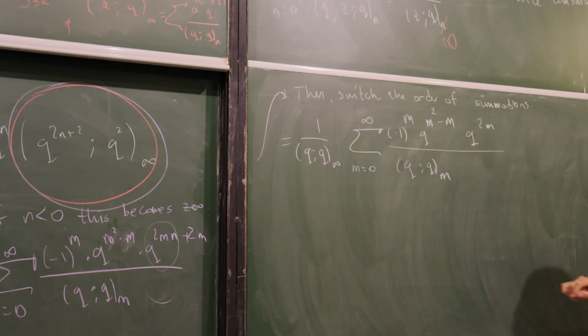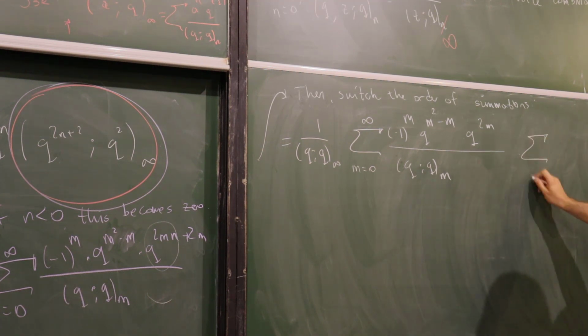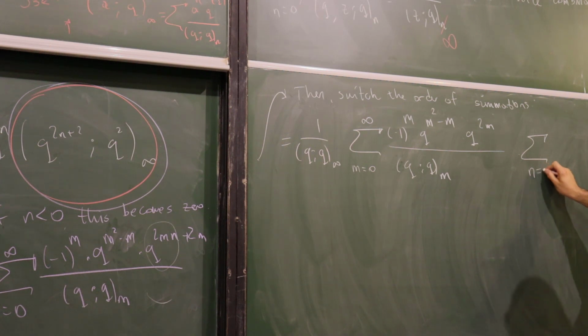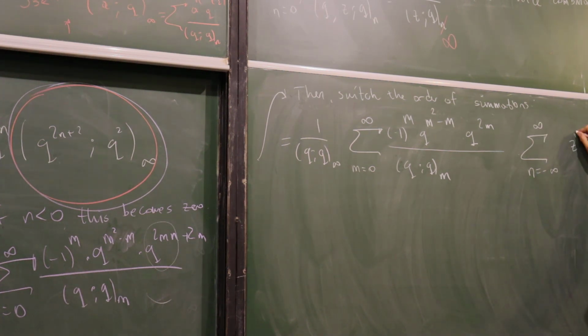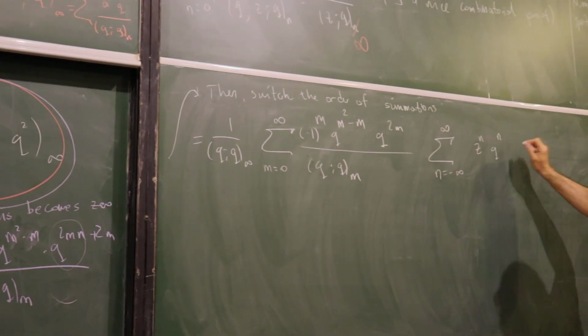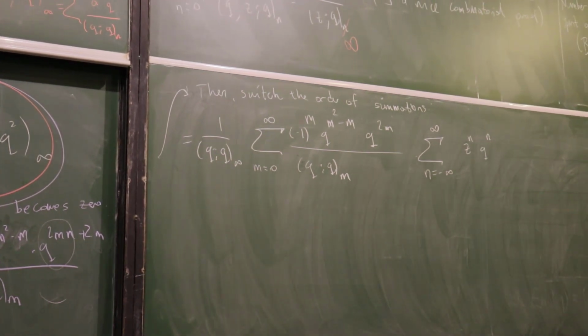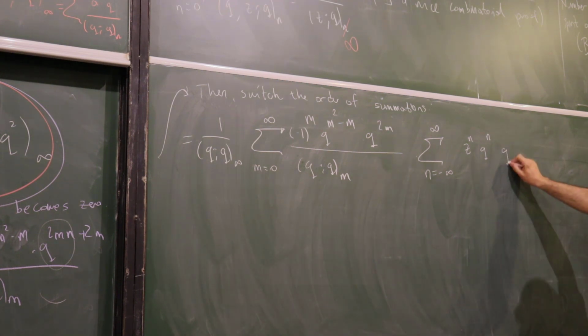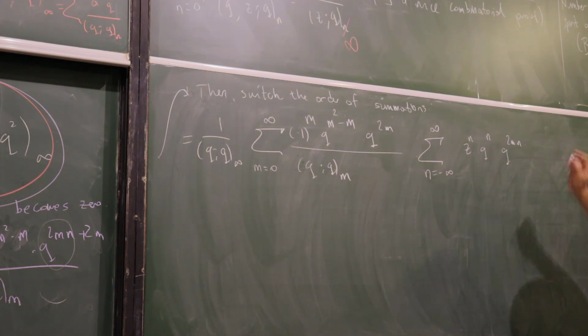And inside we have n running from minus infinity to plus infinity, z to n, q to n times q to 2 times m times n. I was expecting square powers inside the inner sum.